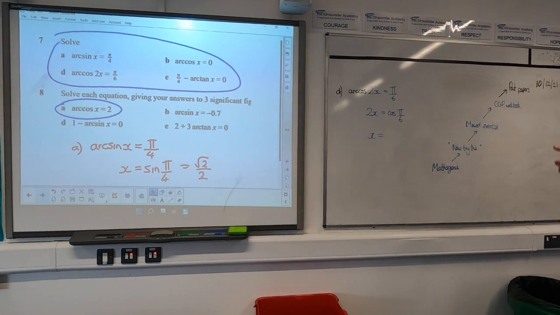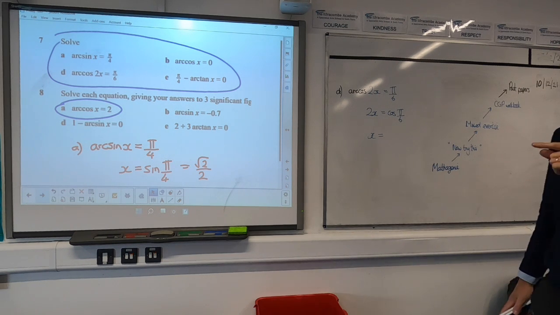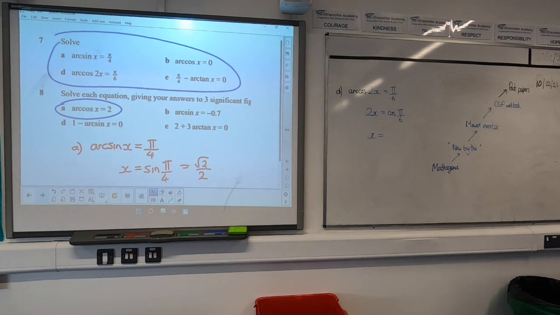So for b, you just get x is equal to cos of 0, and the cos of 0 is 1, so x is 1. For d, I've cosed both sides, so 2x is the cos of pi over 6, which is a half, is it?